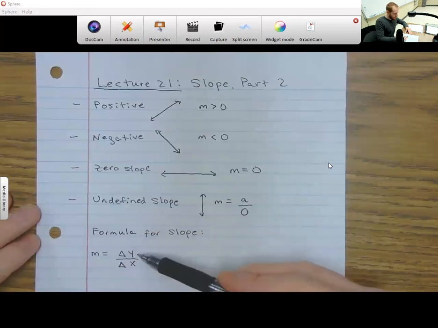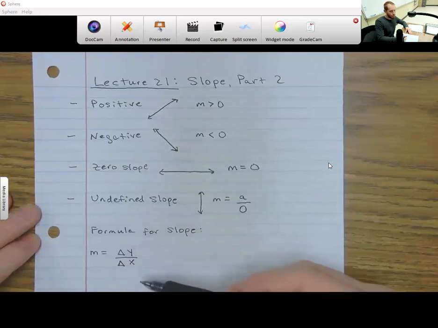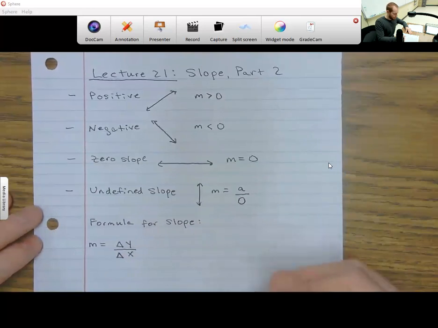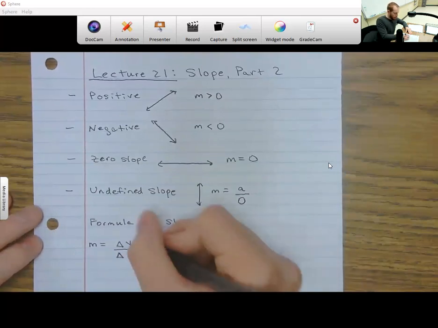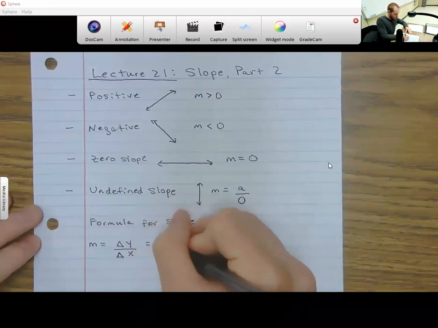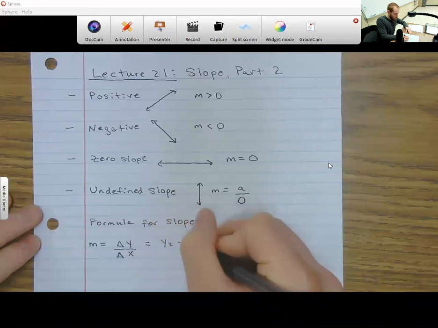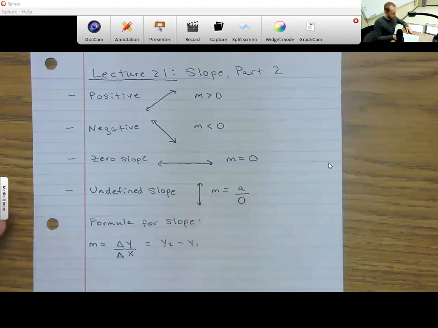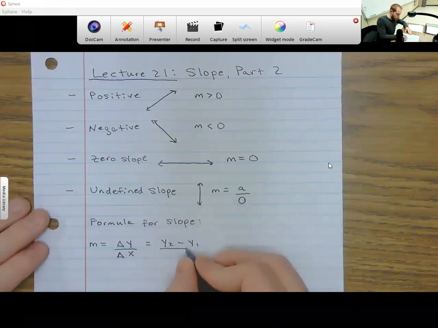And you're dividing change in y by change in x when you do the formula for slope. So if you have change in y, that's going to be y2 minus y1. That would be the change in y. But then the change in x is going to be on the bottom. You're going to have x2 minus x1.